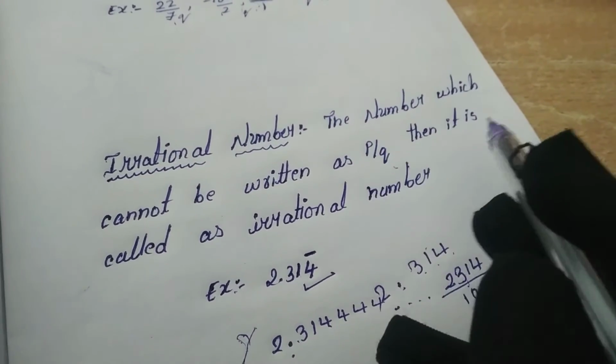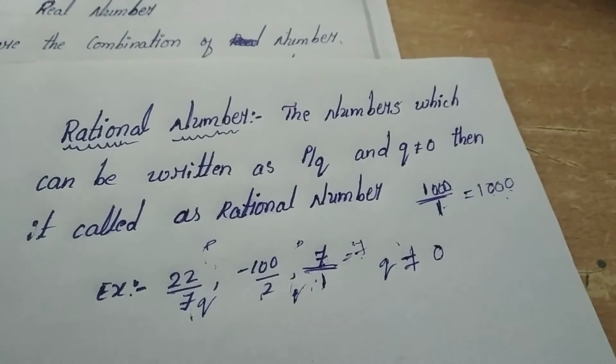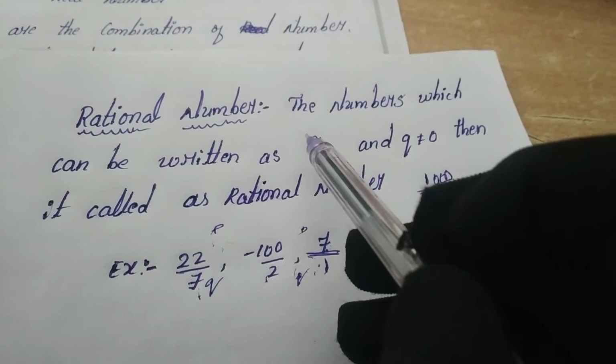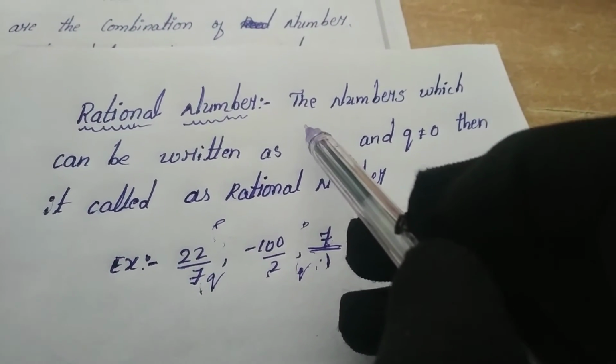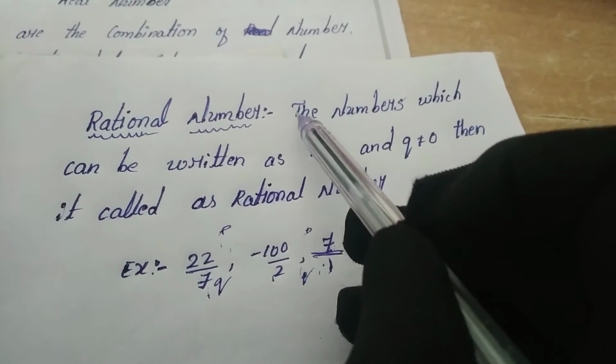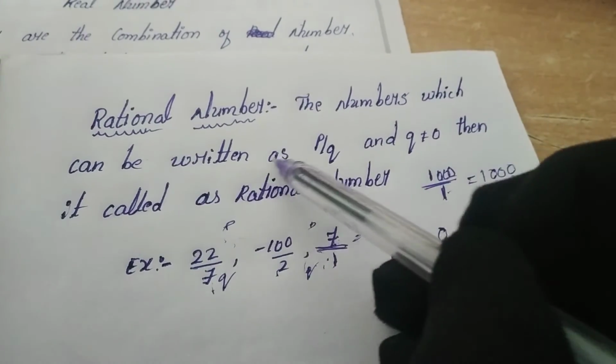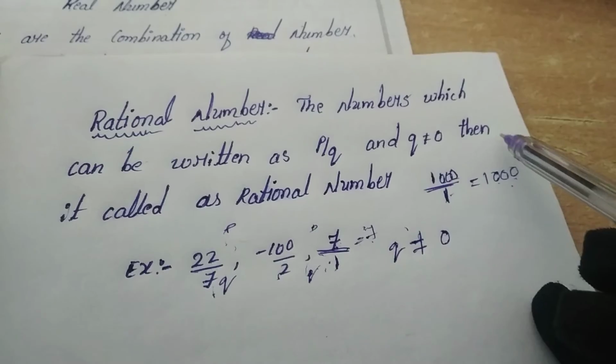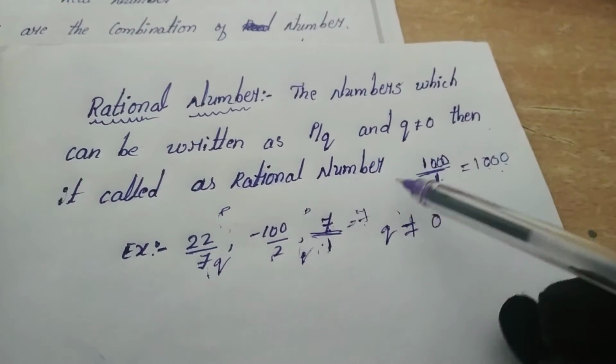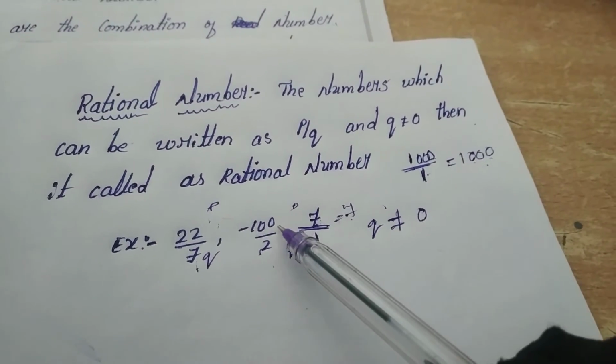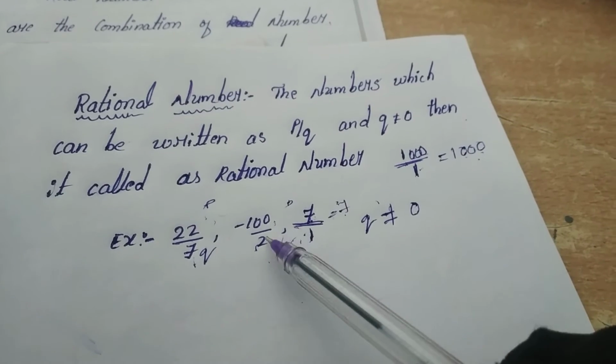Rational and irrational numbers are very important for solving this chapter. The number which can be written as p by q, where q should not equal 0, is called a rational number. Examples are 22 by 7 and minus 100 by 2.